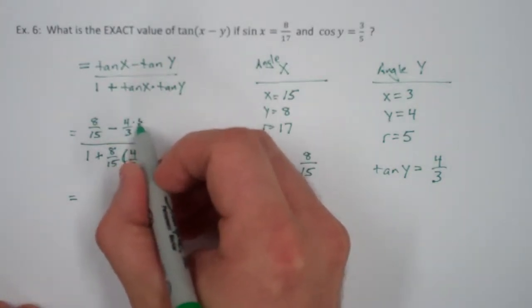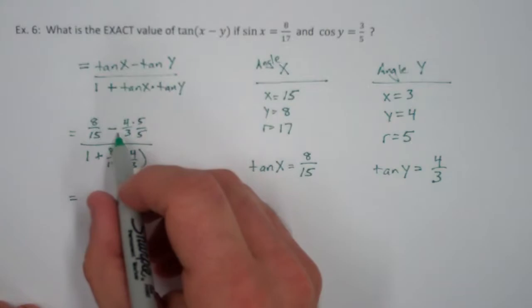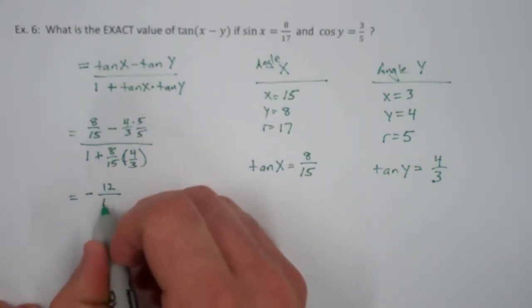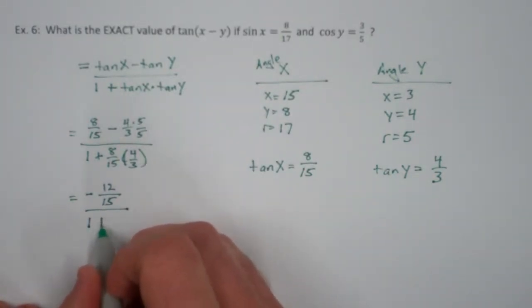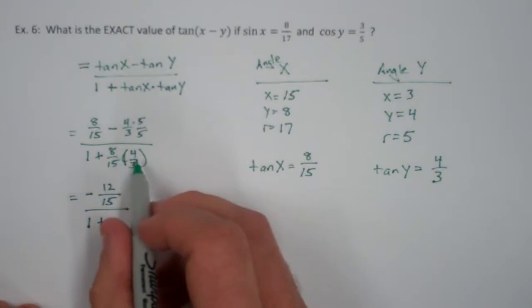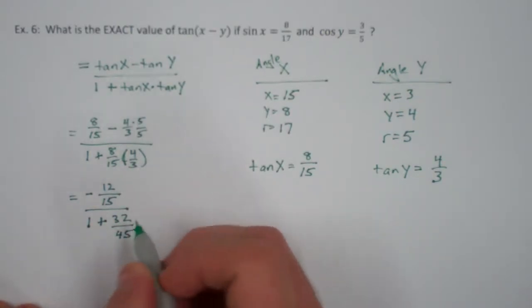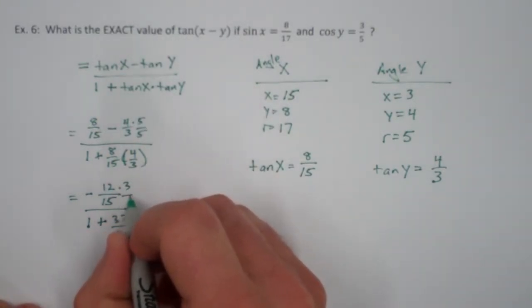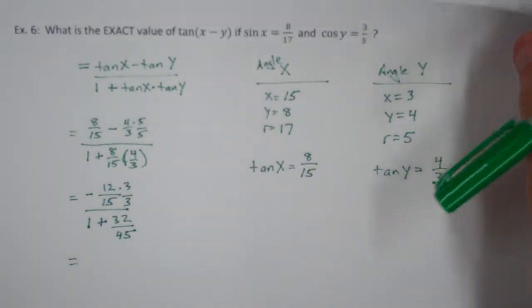Alright, and so now we'll just do a little simplifying work. I need to multiply this by 5 over 5 so that I can add these two together. So it's going to be 8 minus 20, which happens to be negative 12, over the common denominator of 15. The next one is going to be 1 plus 8 times 4, that's 32, over 45. We're going to need to add these together, and I'm going to multiply by 3 over 3 in the numerator as well.